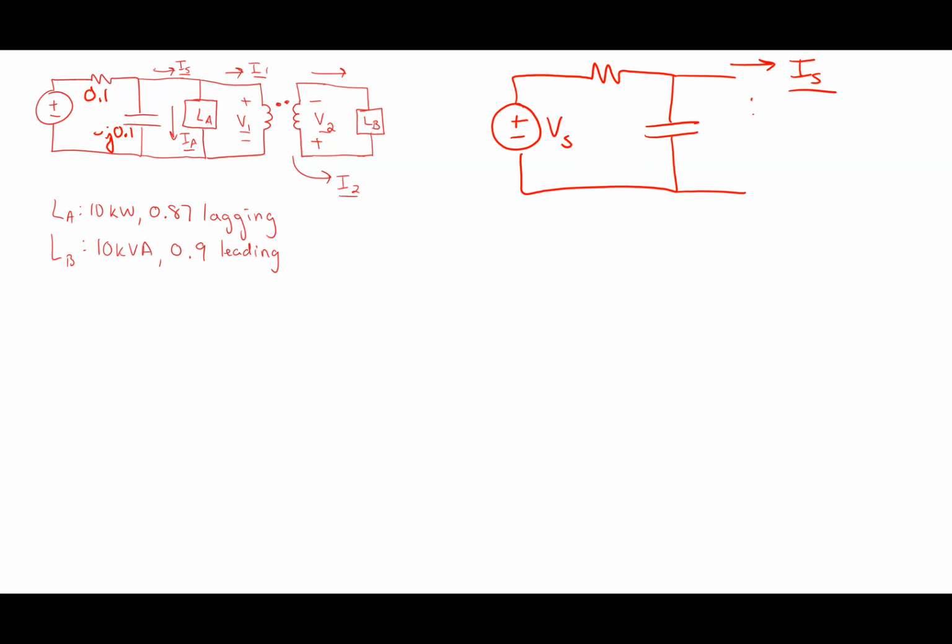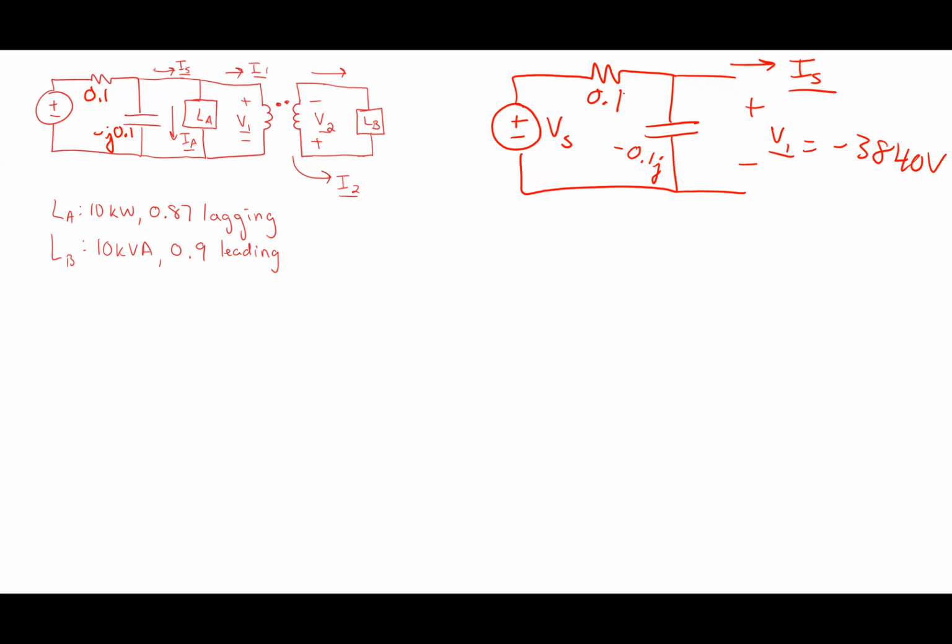This is true if this voltage V1 is negative 3,840 volts. And I know that this is negative 0.1 J, and this is 0.1.